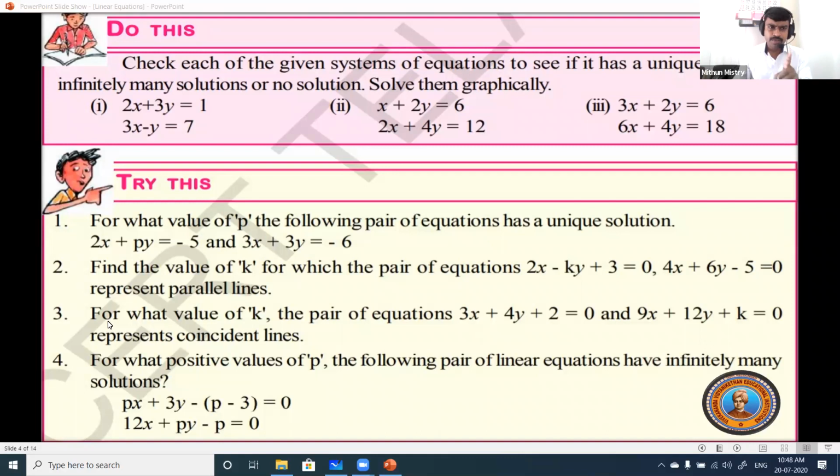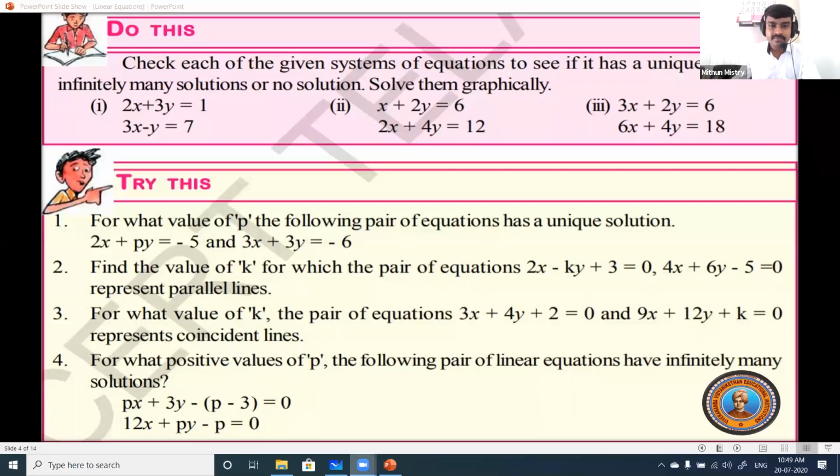One question will be there, the third type of question is there in the exercise. But this type of question, find the value of p, find the value of k, these types of questions are not there in the exercise. But still, in every year's annual exam, these questions are coming. What does it mean? We have to prepare do this also, try this also. We have to prepare even the optional exercise also. So the optional exercise we will prepare when? While doing revision of every chapter after completion of the whole book. But wherever I feel that it is compulsory, I will discuss. Don't worry about that. So shall I start the discussion of this solution?